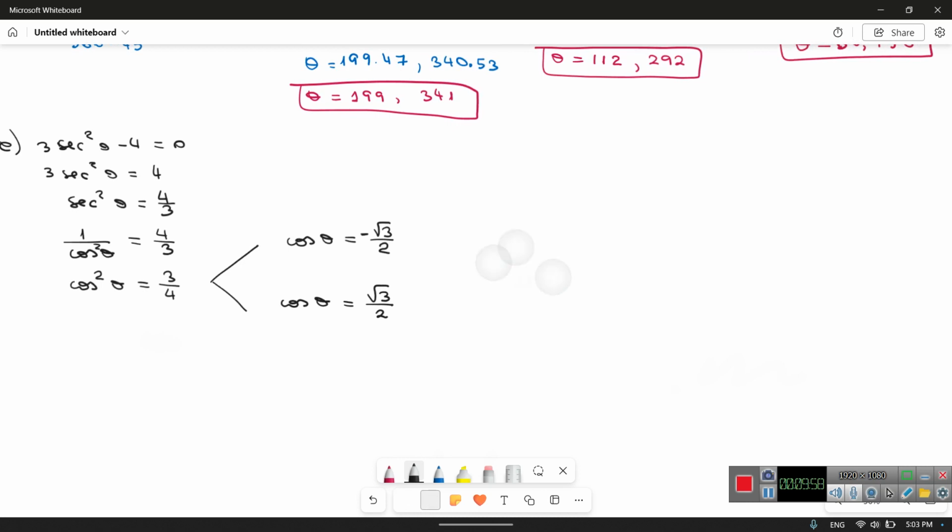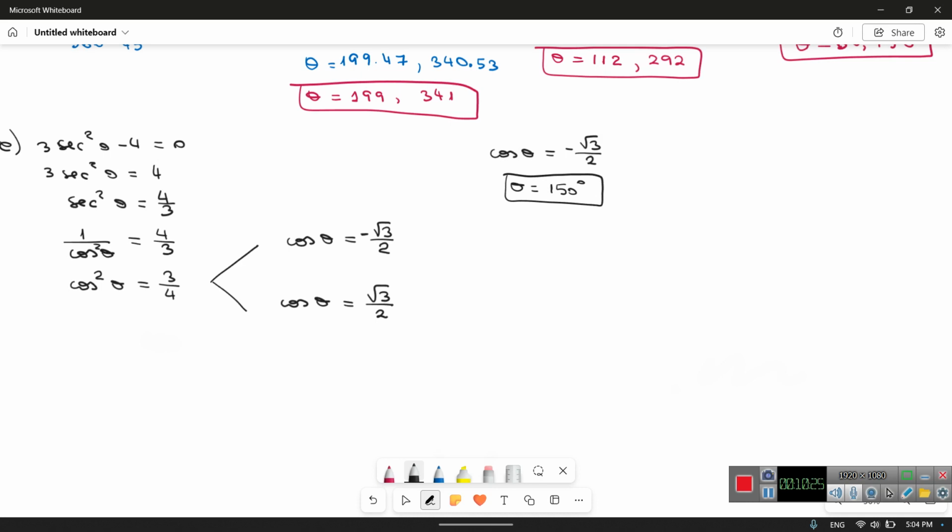So if we start with cos theta is minus root 3 over 2, if I inverse and work out minus root 3 over 2, we get the angle as 150 degrees on our calculator.